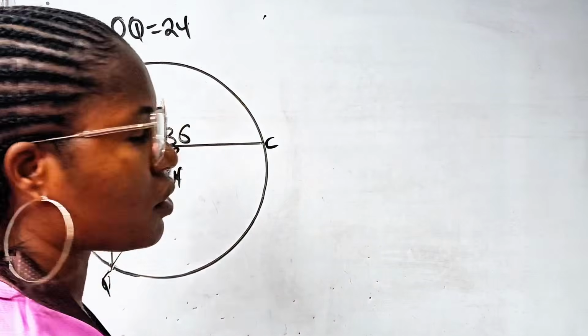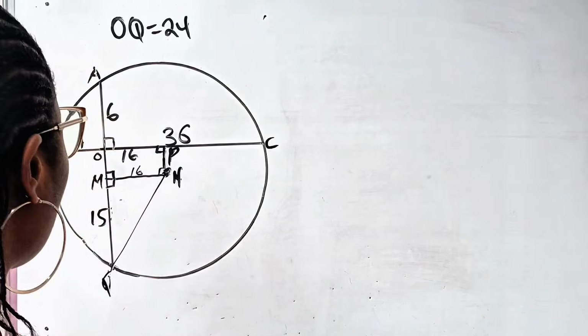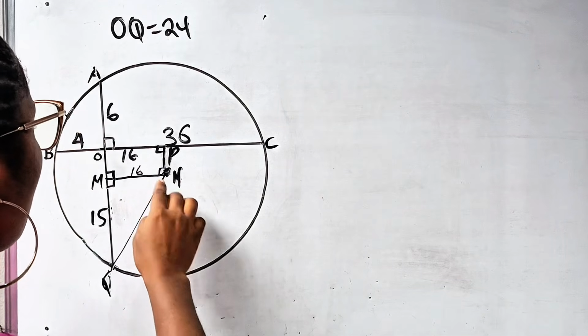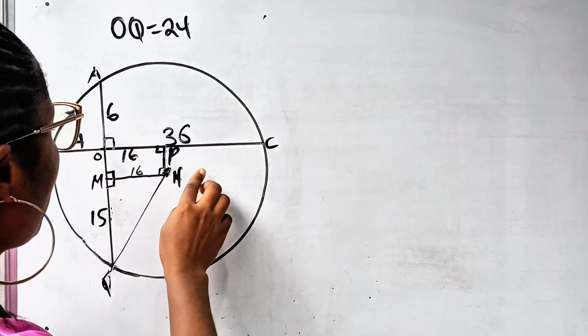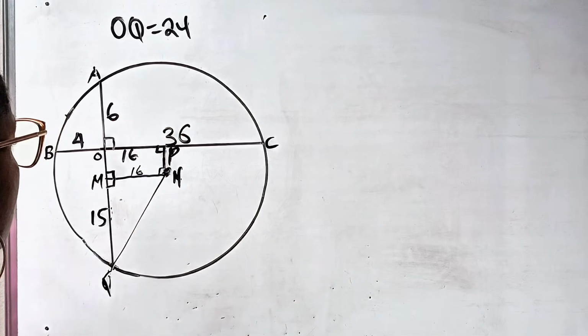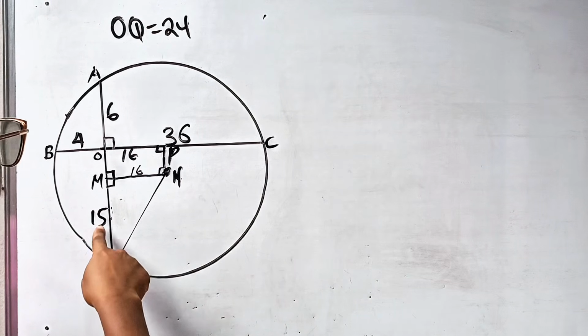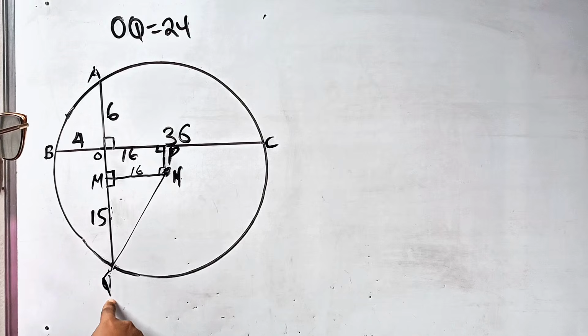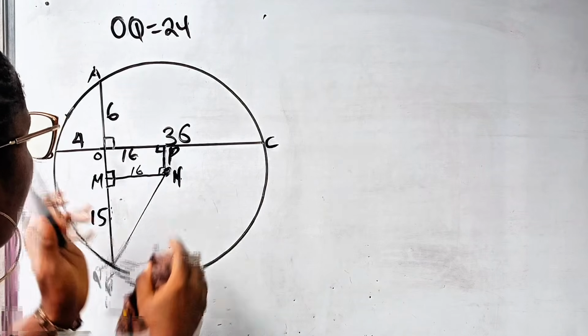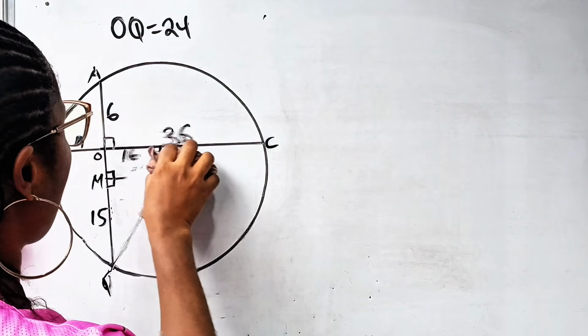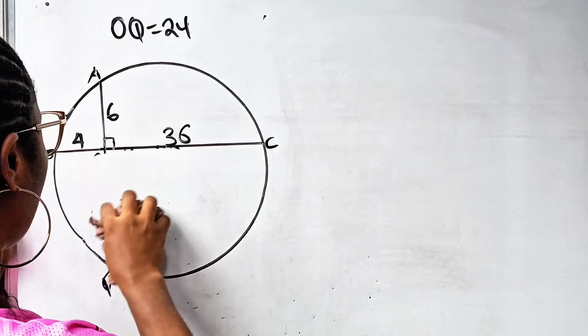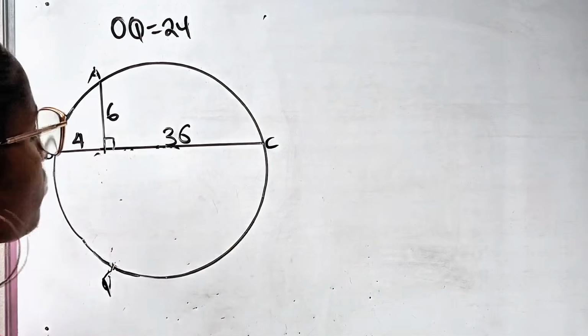Now the second and the most interesting method is actually faster and easier. We are just going to make use of a particular formula. Now looking at this, now this is 16. We don't need this. All we needed is the fact that this length from O to Q is 24. So I'm going to clean everything and leave just the one we need.